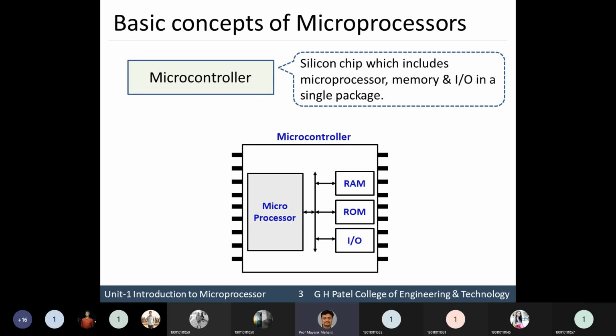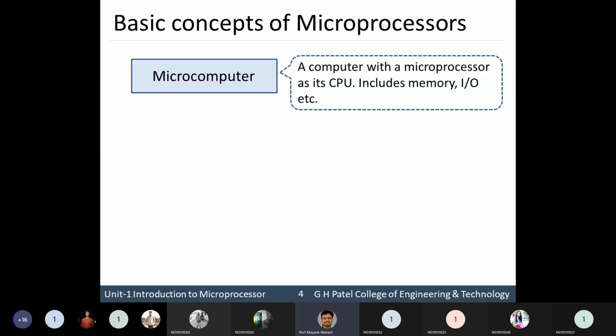In a microprocessor you cannot find RAM, ROM, IO, timers and serial peripherals. But in a microcontroller, with the microprocessor you will find all the other stuff. This single package which includes everything within itself, we call a microcontroller.